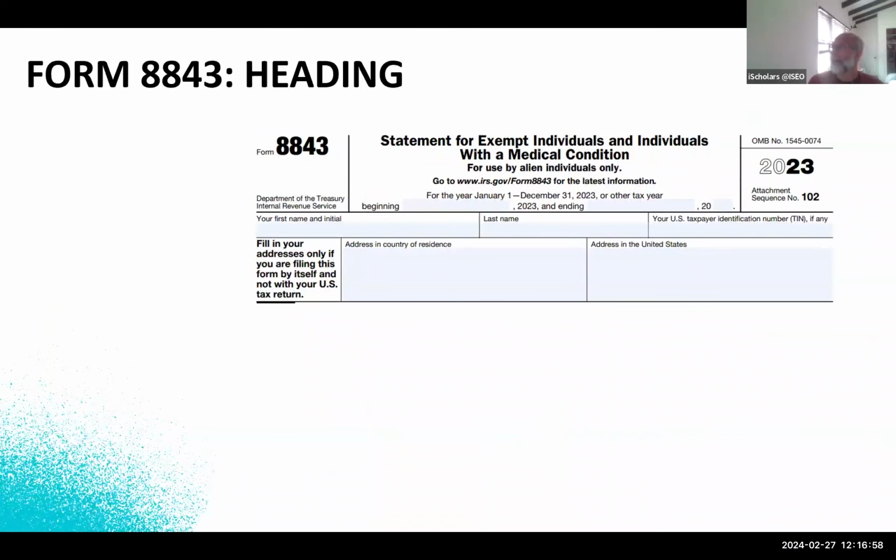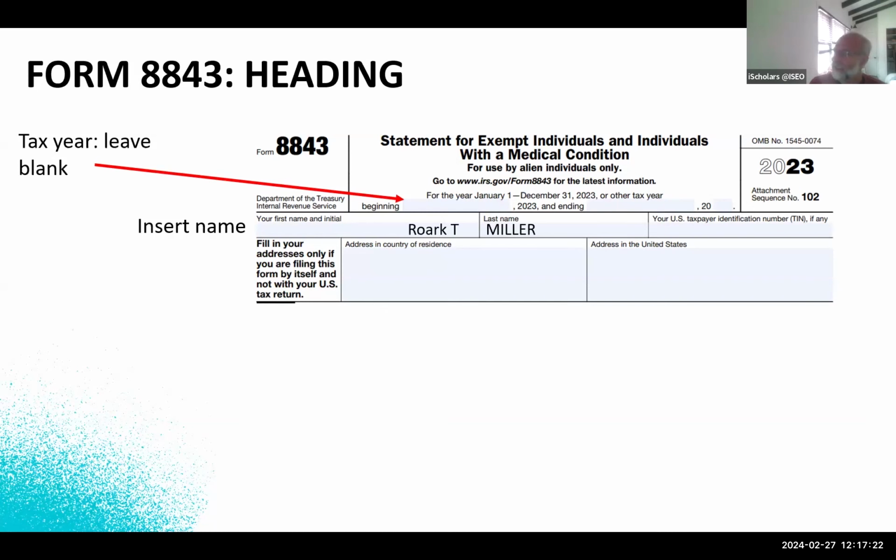So here is the heading that everyone needs to complete. So basically, you leave the tax year blank because the default is January 1st to December 31st. And I don't think any of you would have any reason to claim any other date period. So leave that blank. And then you would insert your first name and initial and your last name.